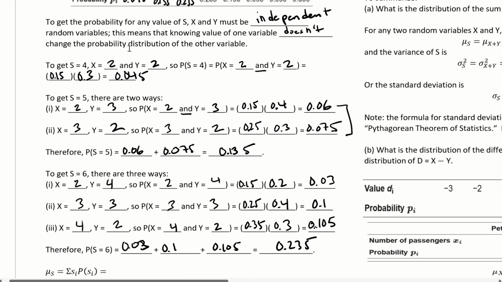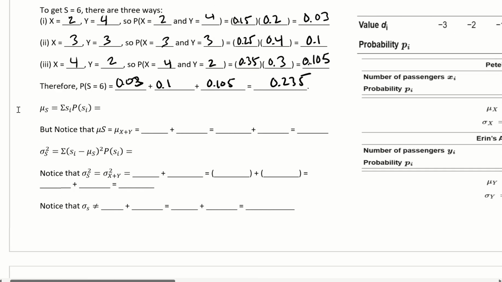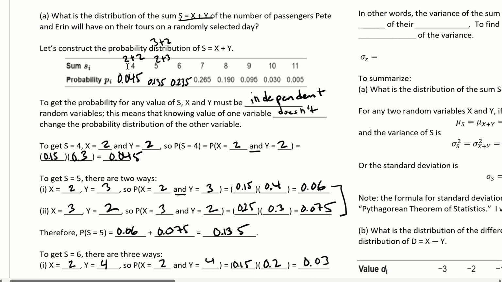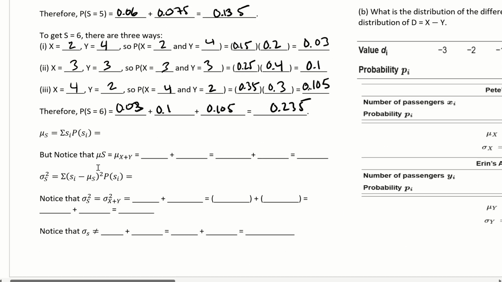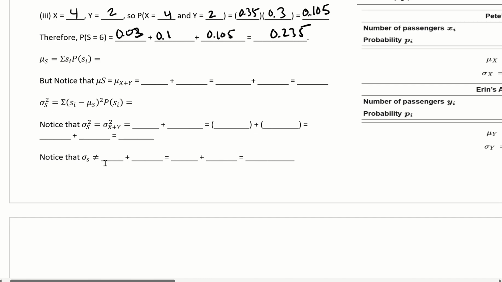Okay, so let's go down here. So now we can calculate the average of the sum. We multiply the sum 4 times the 0.045, 5 times 0.135, 6 times 0.235, so on and so forth. Add them together, okay? Again, I'm going to just show you a couple of those steps, but we'll do it on the calculator. You would be expected to know how to do it on the calculator. 0.045 plus ... all the way to the last one, 11 times 0.005.